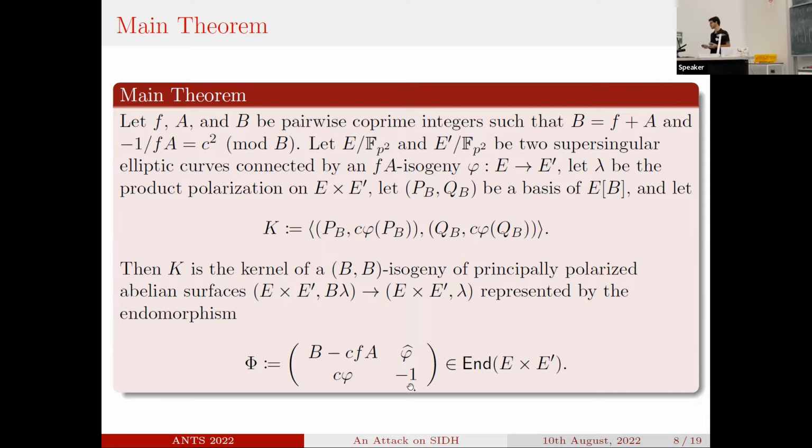This endomorphism could be computed as an isogeny of principally polarized abelian surfaces, and the elliptic product is endowed with the product polarization. So we have all the information to reconstruct this endomorphism and compute everything.